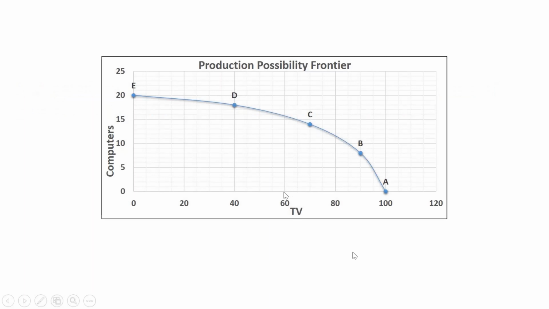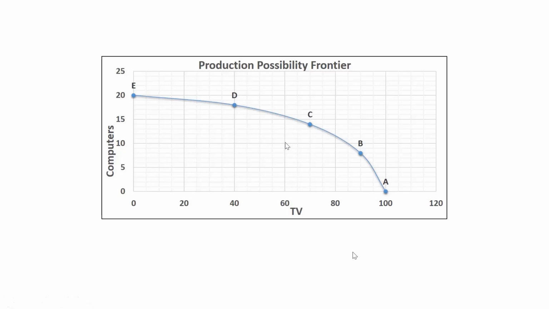So 60 against 10 will be this point. So 60 TV, 10 computers is this point. And clearly the point is within or below the PPF. And that means that it is inefficient.